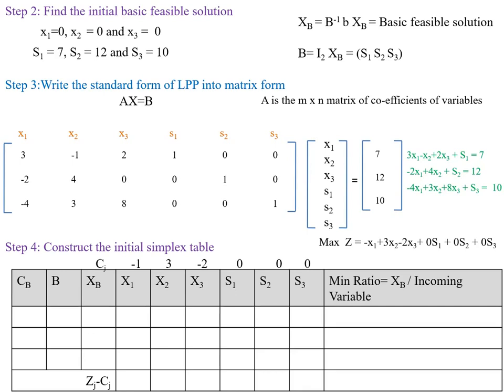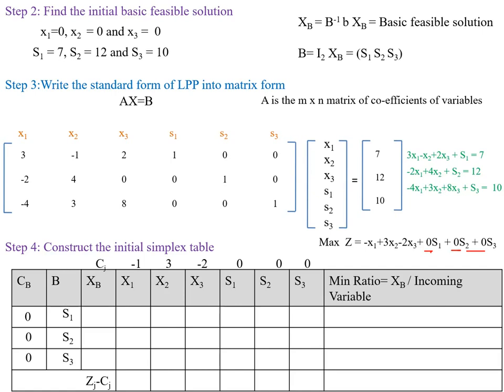We know the initial coefficients for the slack variables are 0, 0, 0, so I write 0, 0, 0. And B is the basic variables. We know the basic variables are S1, S2 and S3, so I write S1, S2, S3. Next, XB is the initial basic feasible solution for the slack variables.